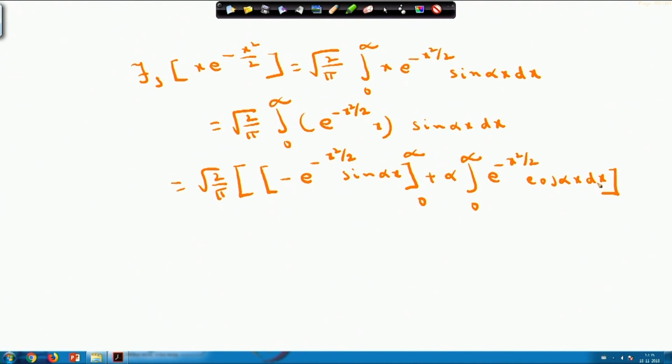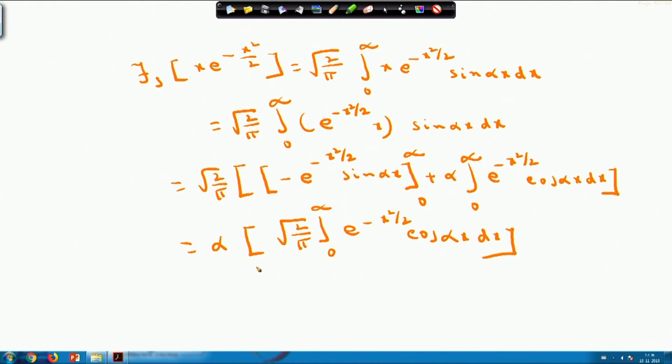If I put the values, this part will not be there. So, alpha into root over 2 by pi, integral from 0 to infinity of e^(-x²/2) into cos(αx) dx. Please note that once we put the limiting values, the first term will vanish.